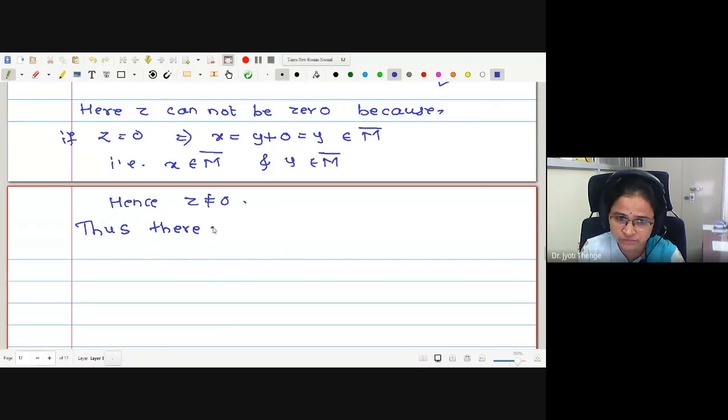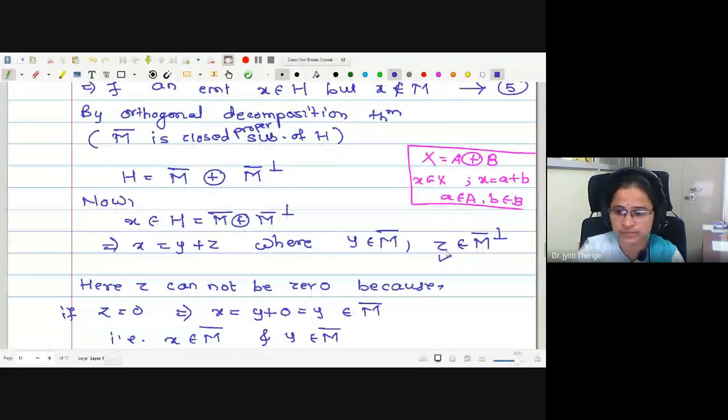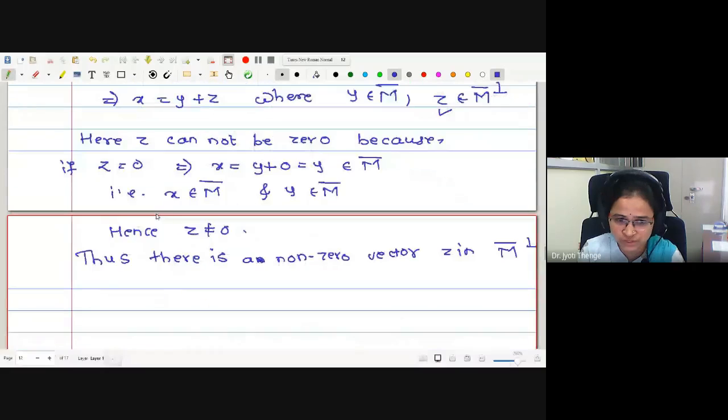Thus there is a non-zero vector Z in M bar perp. Correct? Where is Z? Z is in M bar perp. Be sure that Z is non-zero.